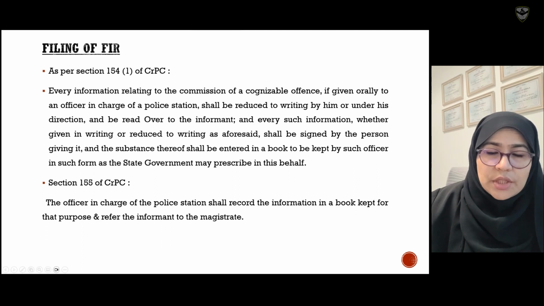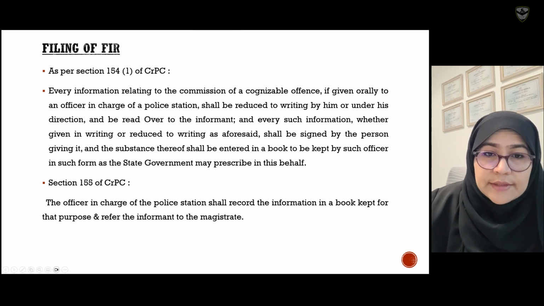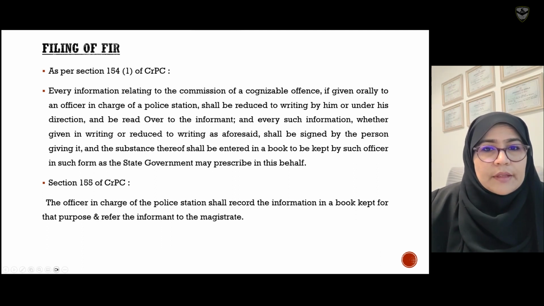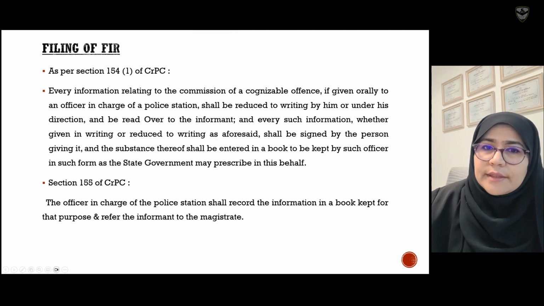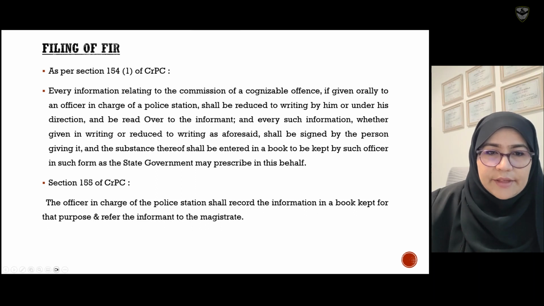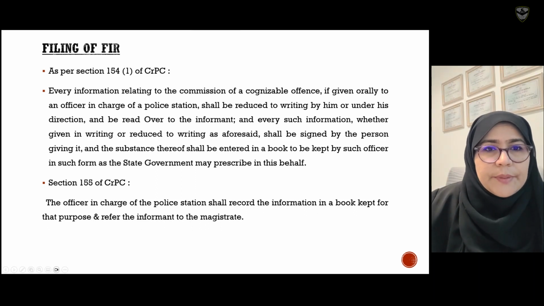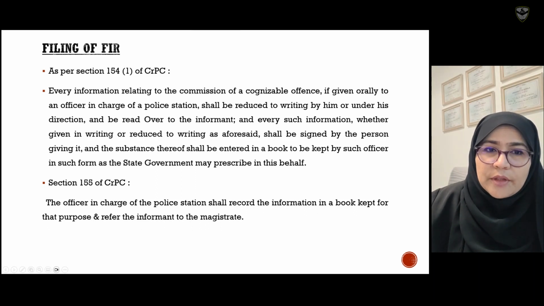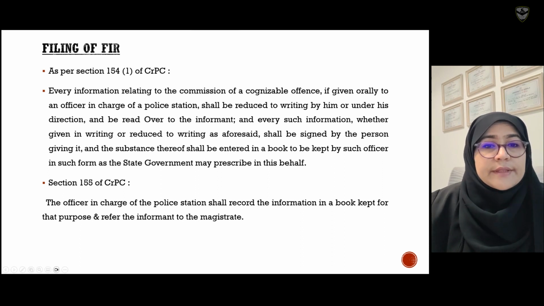This is mentioned under Section 156 clause 1 of CrPC, or under the order of a magistrate. Hence, as I have mentioned earlier, in the case of a cognizable offense, the power of the police officer to commence the investigation is wide and absolute.